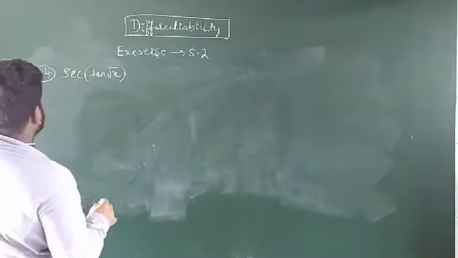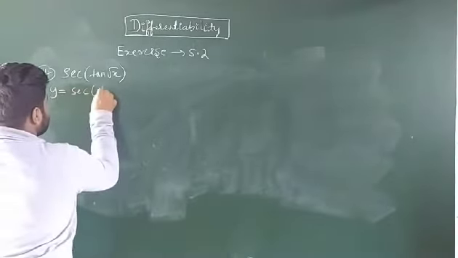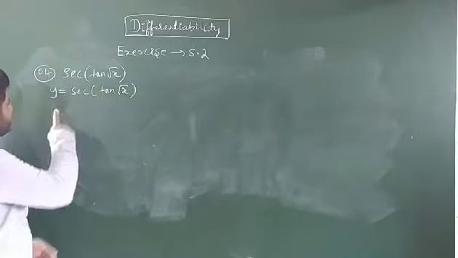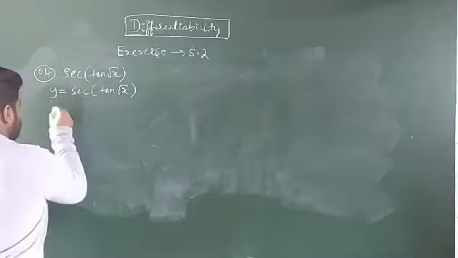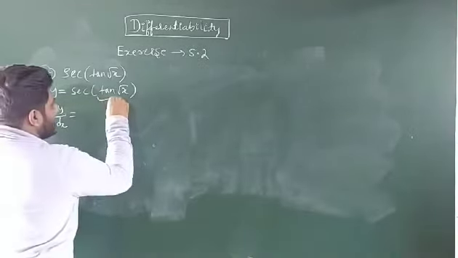Okay, so this is question number 4. Let us treat this function as y. y equal to sec of tan root x. Now we have to differentiate this function with respect to x. So dy by dx equal to, treat this function as x.